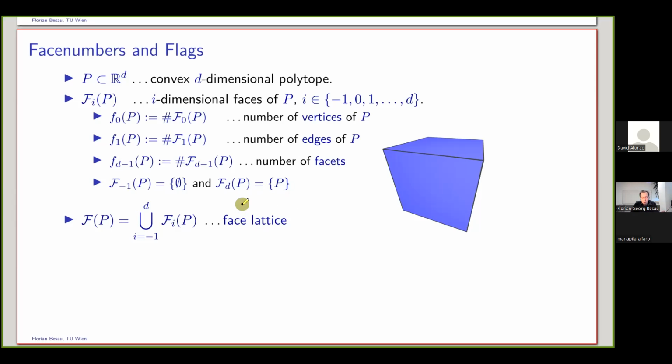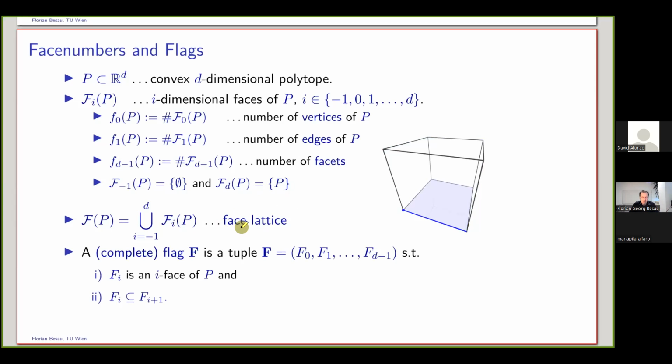An edge in this lattice would be just containment, and then you can look at the maximal chains in this lattice. You start with the empty set, then you take a vertex, then you take an edge that contains the vertex, then you take a two-face that contains the edge, and so on. So you build a chain in this face lattice, and you want a complete chain, so you get the chain that ends with the polytope.